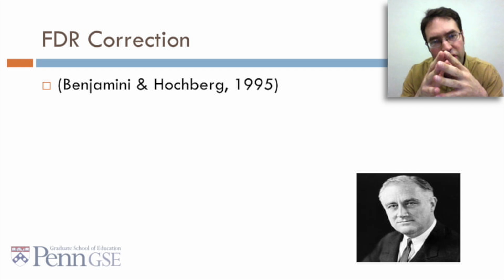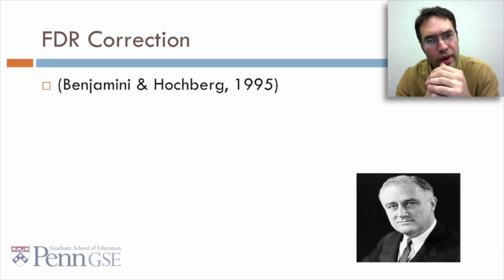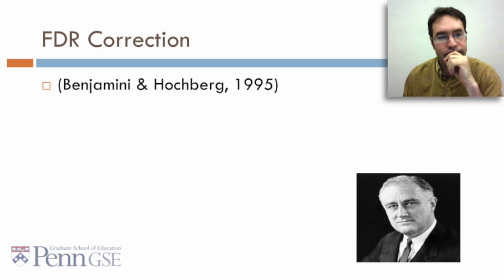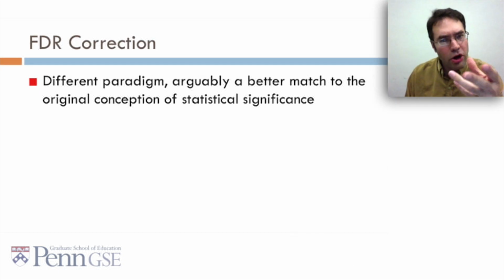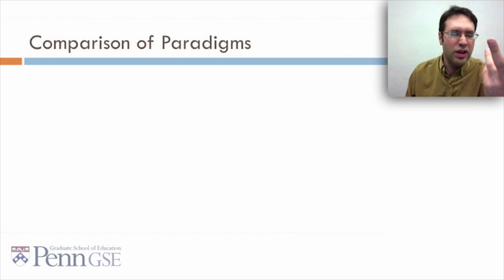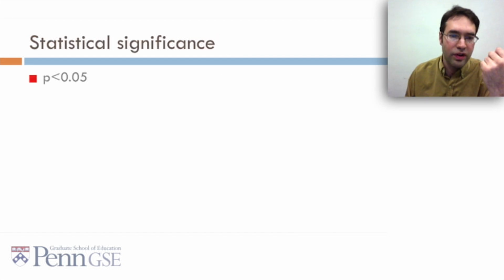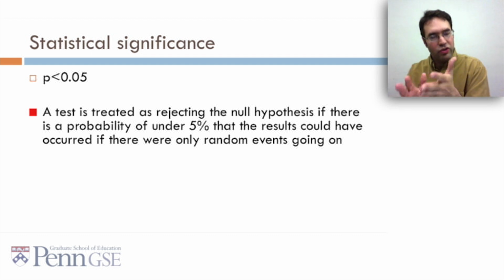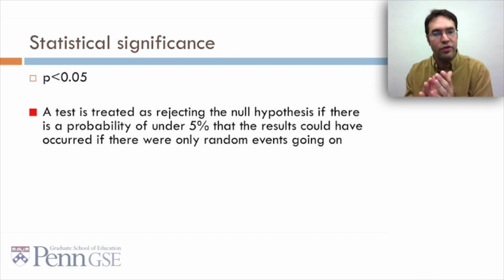By contrast, there's the FDR correction, which was proposed by Benjamini and Hochberg. We see there a picture of FDR. It's a different paradigm, arguably a better match to the original conception of statistical significance. Because the original conception is you want p of less than 0.05, which means that you treat a test as rejecting the null hypothesis if there's a probability of under 5% that the result could have occurred if there were only random events going on.